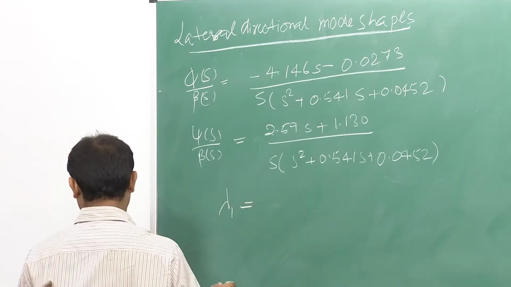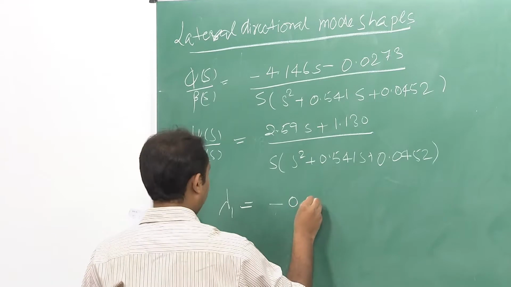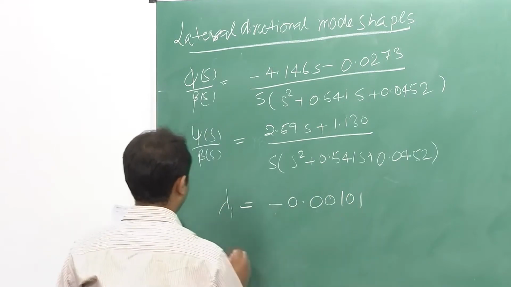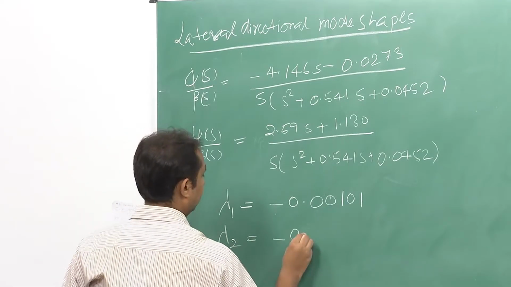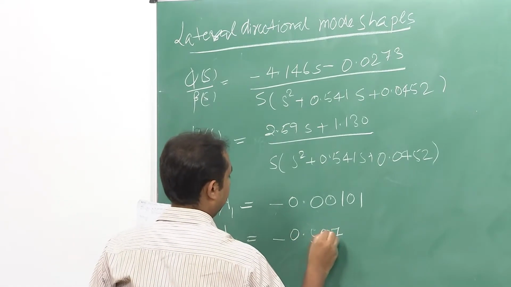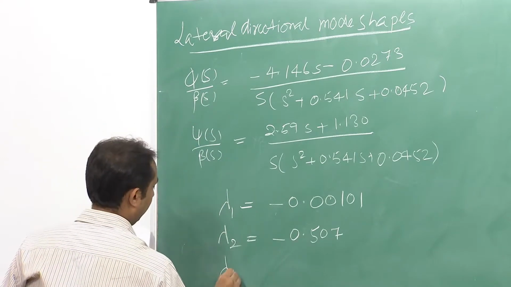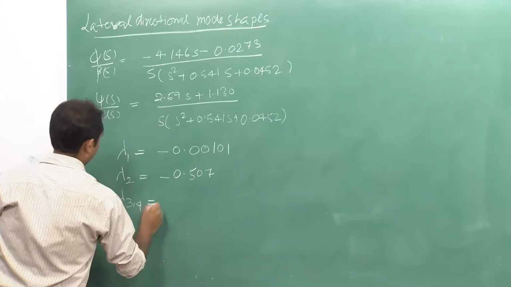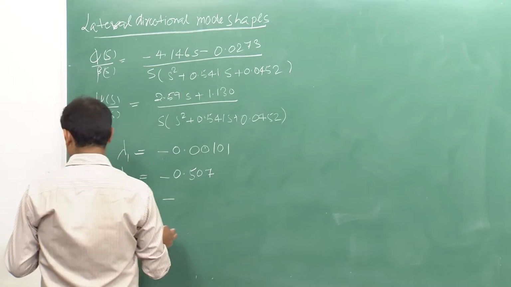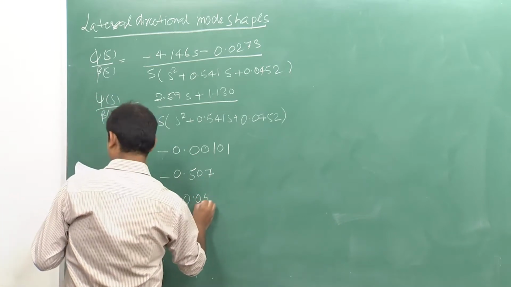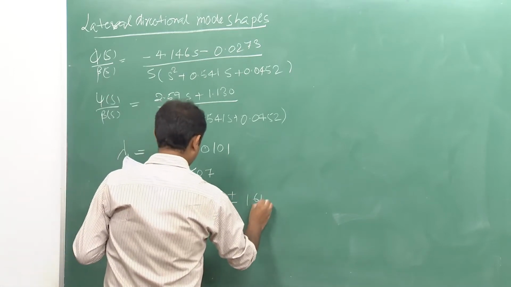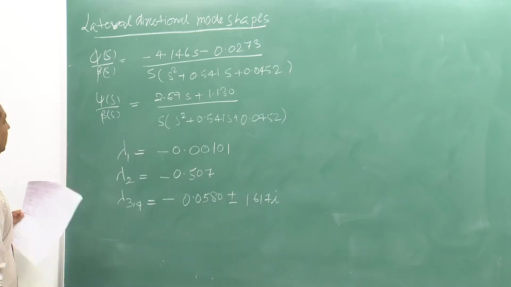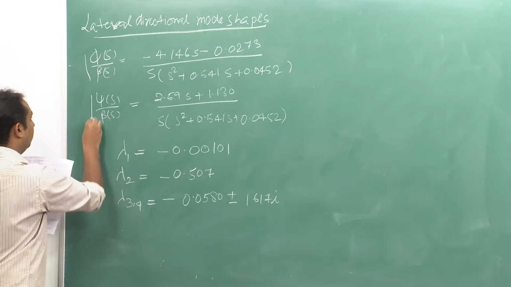Lambda 1 will be minus 0.00101, lambda 2 equals minus 0.507, and lambda 3, 4 will be a complex conjugate pair, minus 0.0580 plus minus 1.617 i.